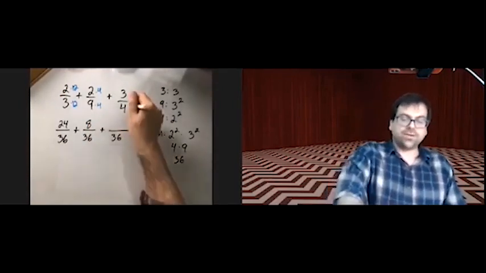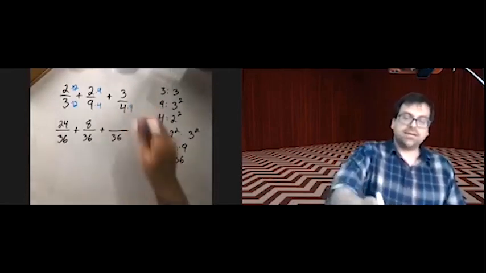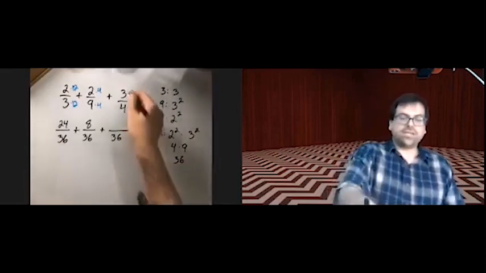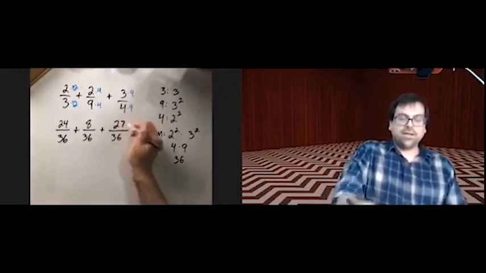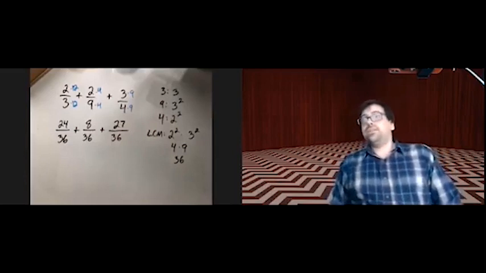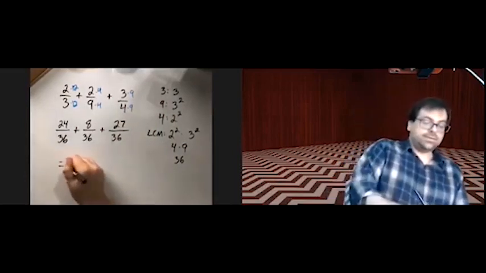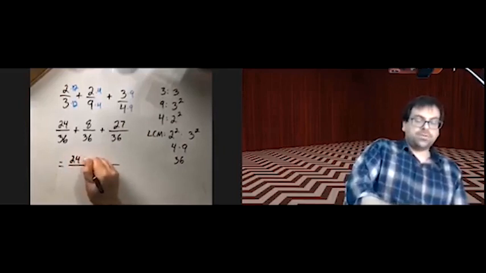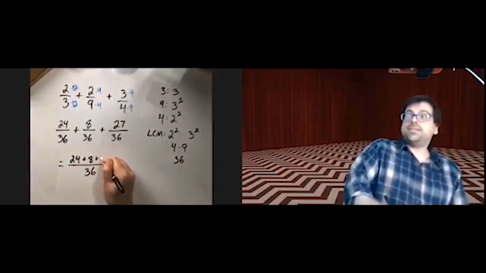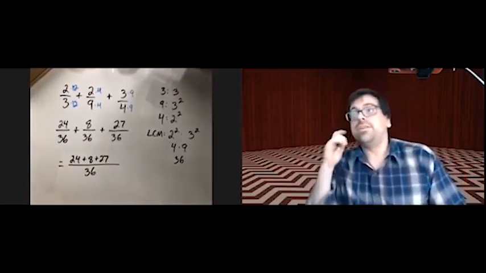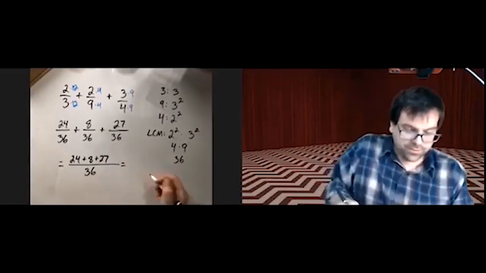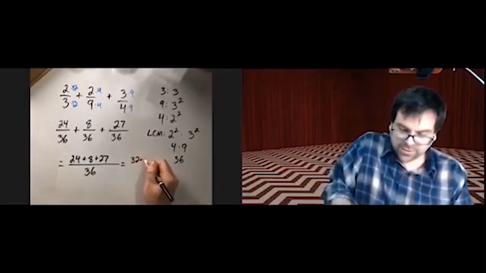4 times what is 36? That's times 9. So we have to do times 9 on the top as well. 3 times 9 is 27. So on top, 24 plus 8 plus 27, all over 36. 24 plus 8 is 32.